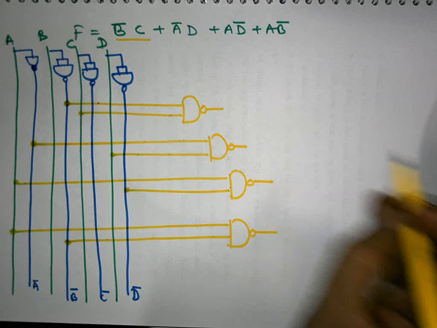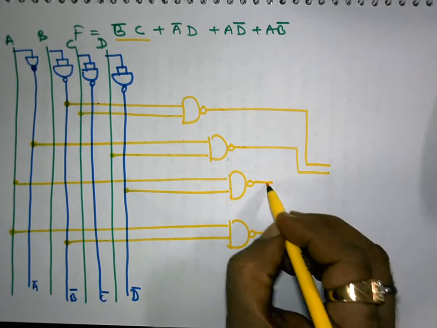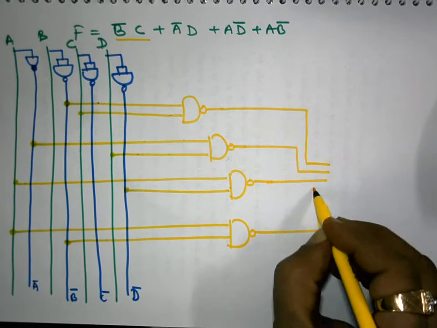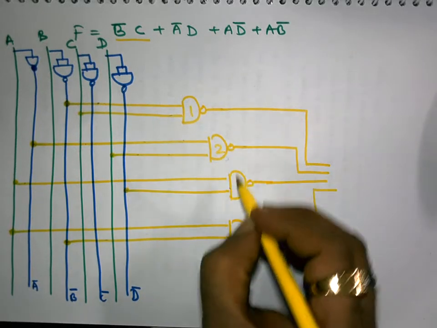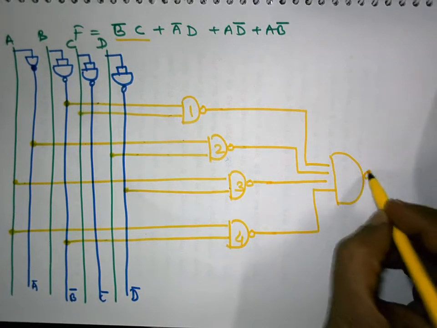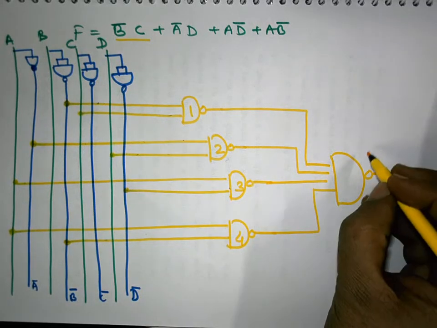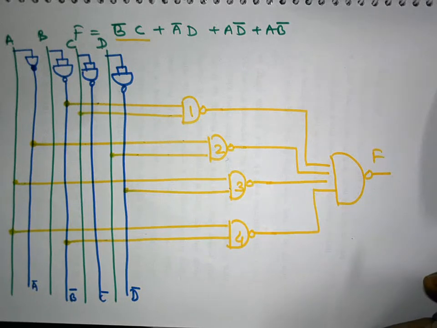Okay. Now all the outputs which have been derived from the different NAND gates, say NAND gate number 1, 2, 3 and 4, they are further fed to a 4 input NAND gate to get the final output, the function F. Okay, agreed with this?